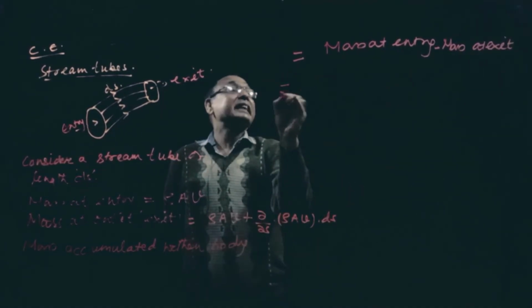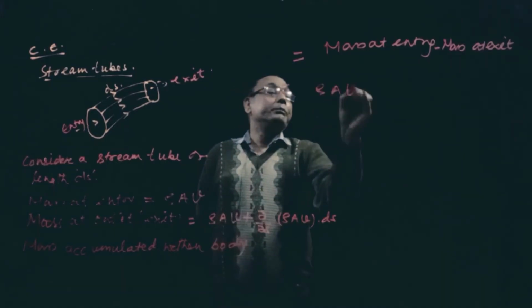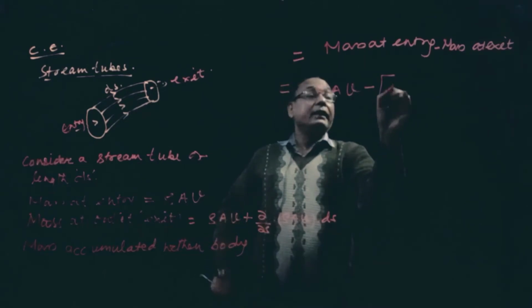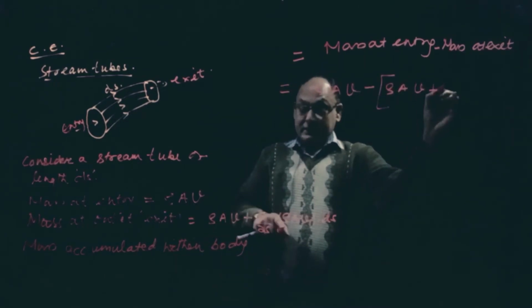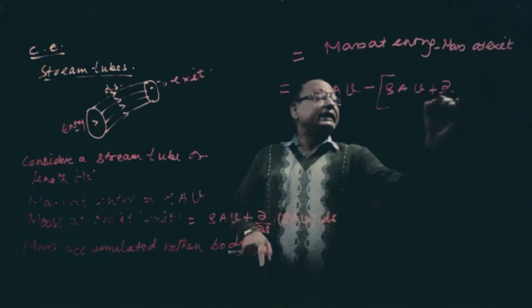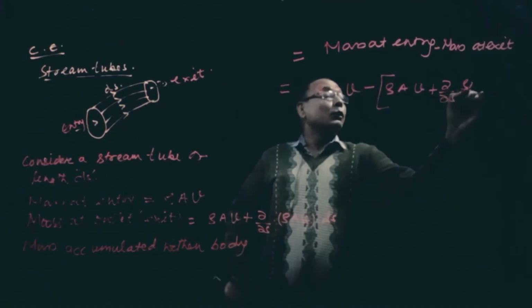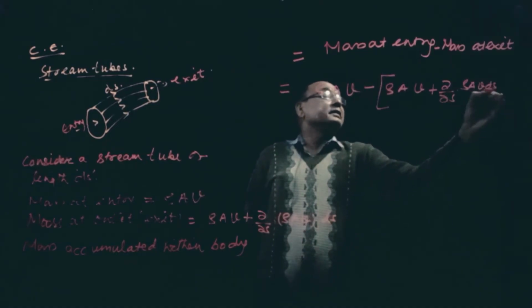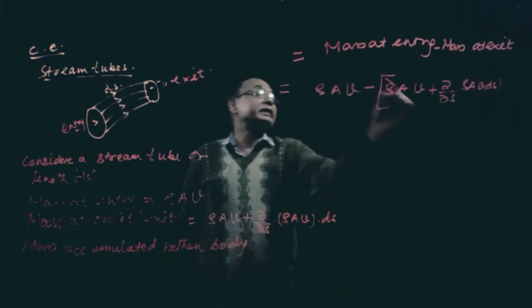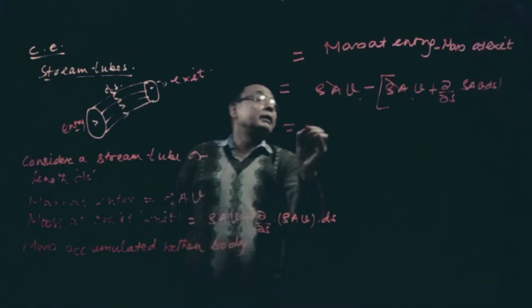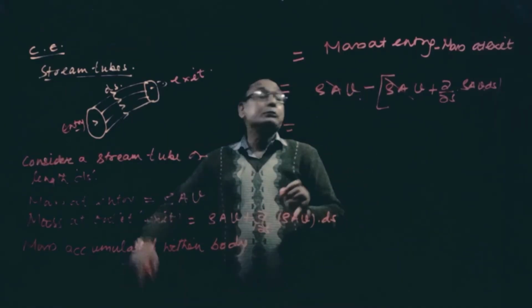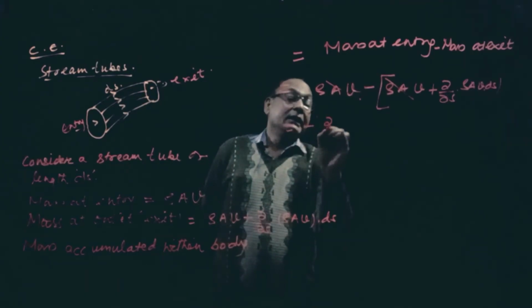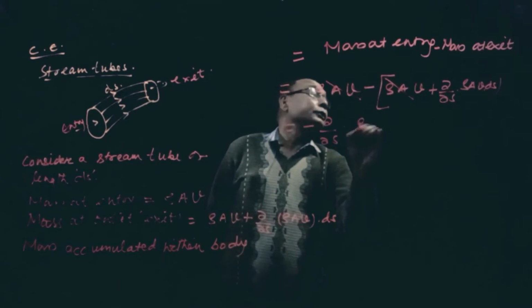So the mass at entry is rho a b minus rho a b plus d by ds into rho a b into ds. So this term will get cancelled. So the mass accumulated within the body will be equal to minus d by ds into rho a b into ds.